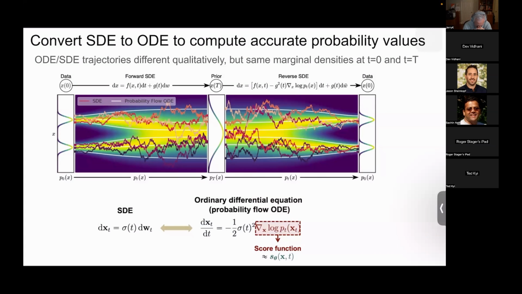But what we can say is that there is a certain probability distribution about where you're going to wind up. And so we have an ordinary differential equation that will give you the exact same probability distribution of where you will wind up based on where you started, without anything being stochastic.